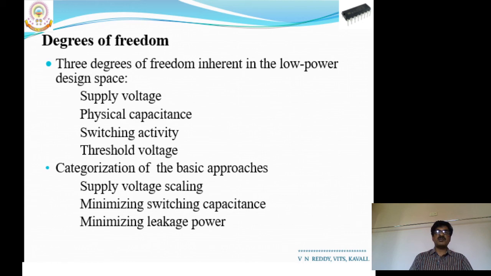Instead of the two's complement method, if you use sign magnitude techniques, the number of transitions can be reduced. Similarly, by applying different coding techniques like one-hot coding, Gray coding, like that, the switching activities can be reduced.